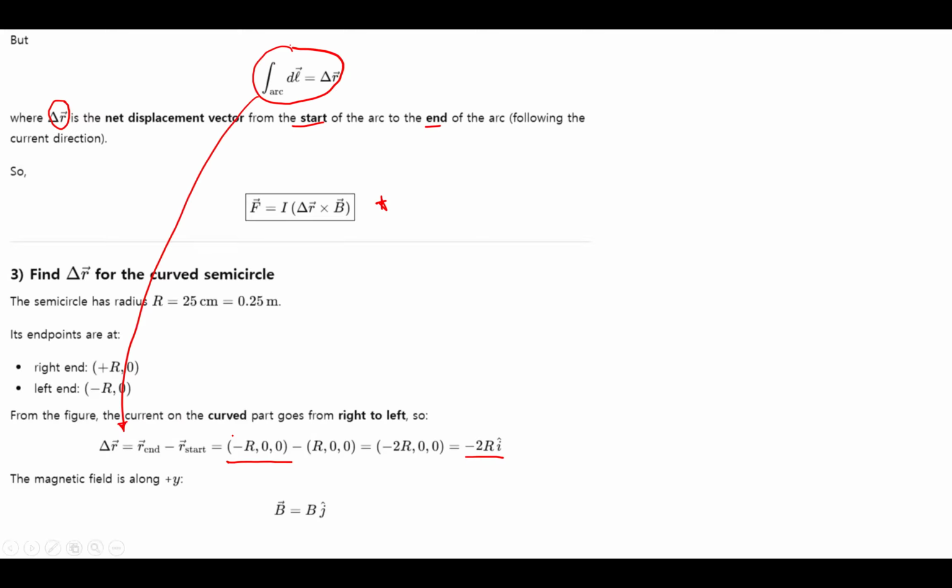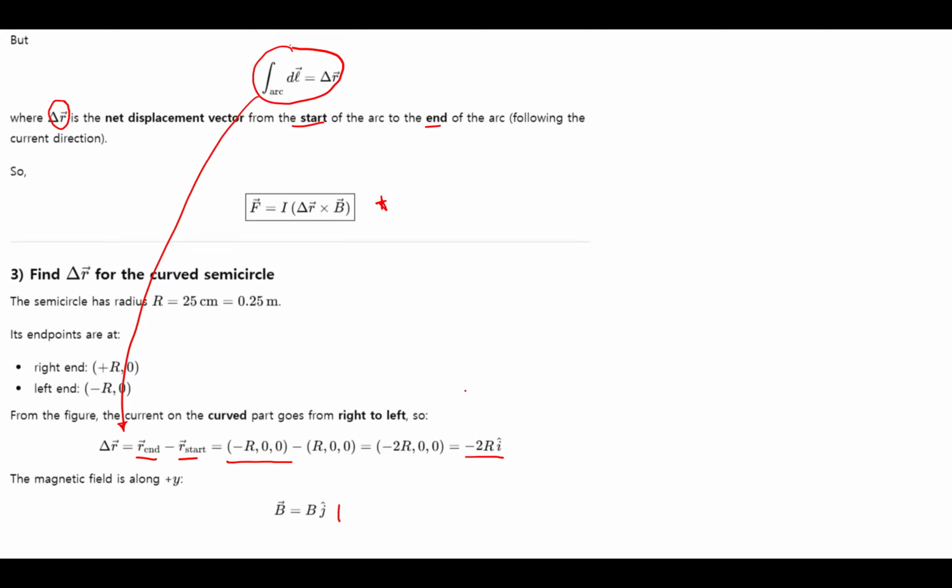So even though you integrate over the arc, there will be some cancellation, and in the end, what you get is minus 2R times I, and the magnetic field is along the plus Y direction.